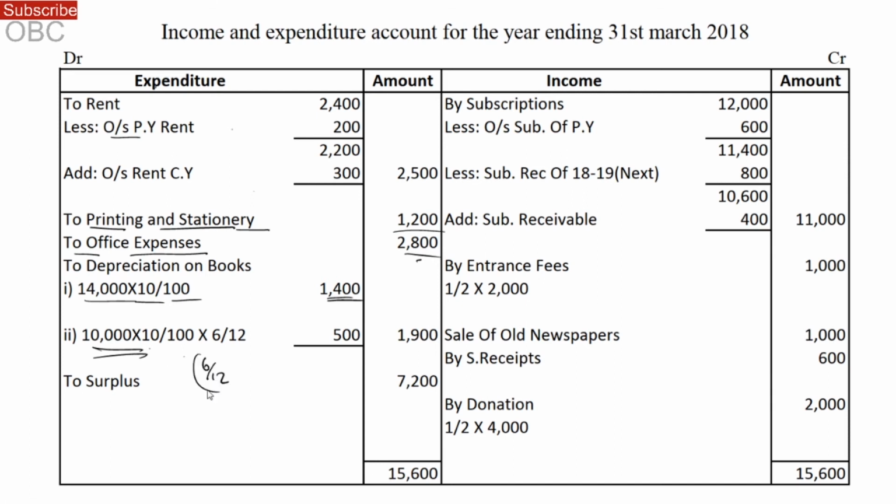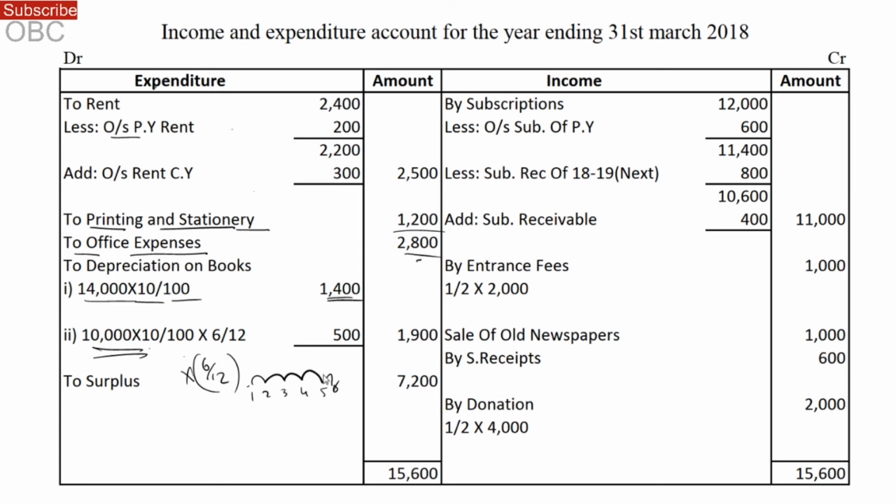So the remaining months is the 10th month, October, November, December, January, February, March. 3 months plus 3 months, that is 6 months. So for 6 months you are just calculating the depreciation. 6 divided by 12, that is 500 rupees. If you add it, it will become 1,900 rupees. So that's it for expenditure side.